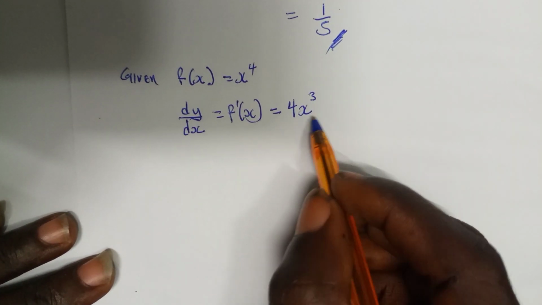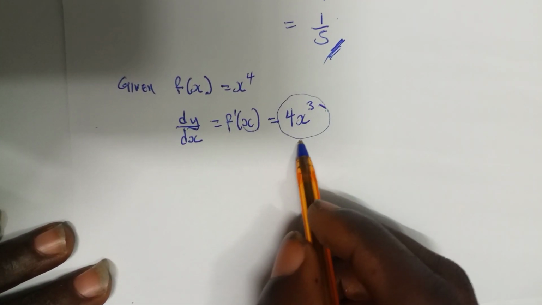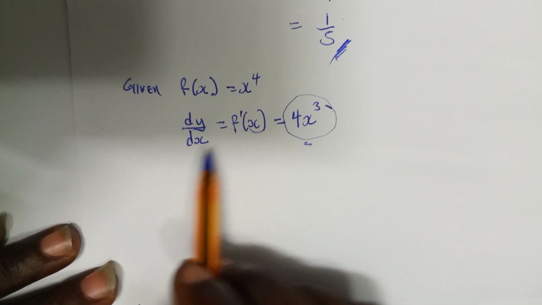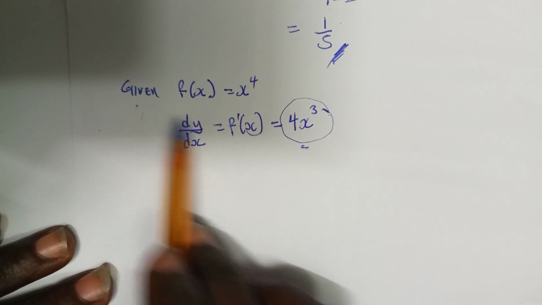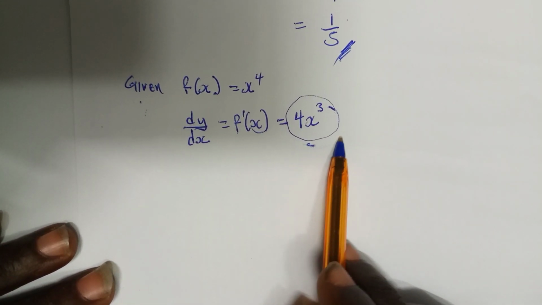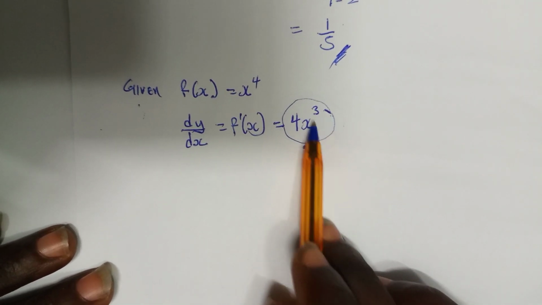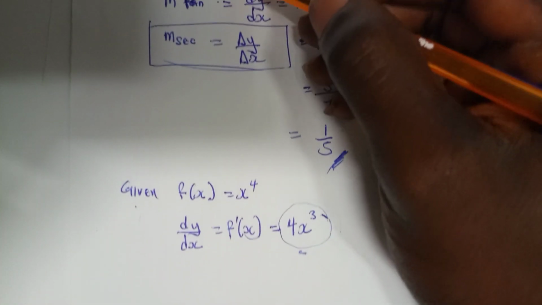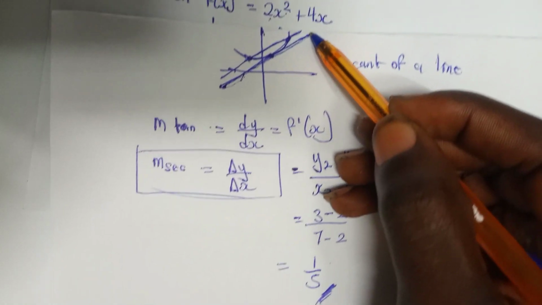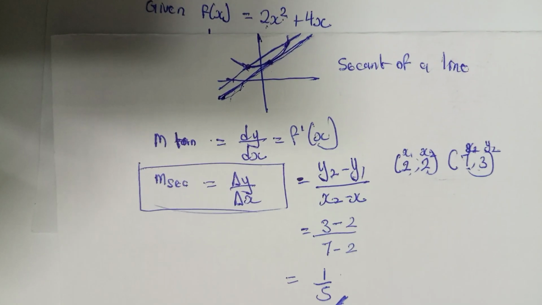So this becomes our gradient of the line, or the gradient of the tangent of the line. So this is the line.